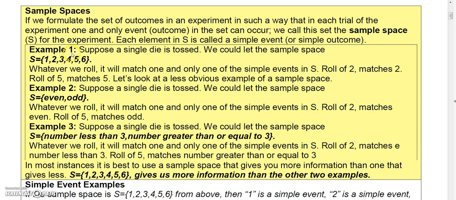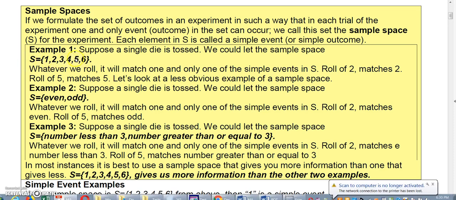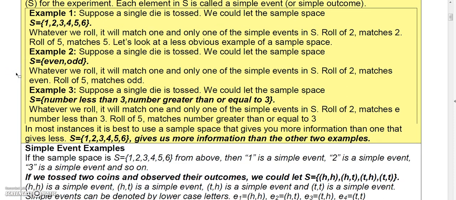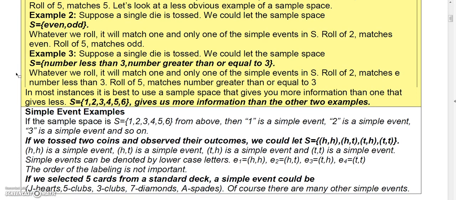So an example here, suppose you toss a single die, then we could let the sample space just be the numbers 1 through 6. Now that's typically the most common sample space you would use, but you could set the sample space up in different ways, usually if you are going to do some particular slant on the experiment.